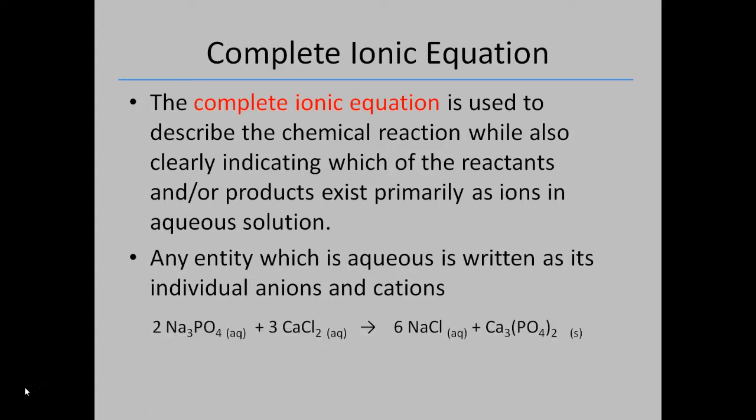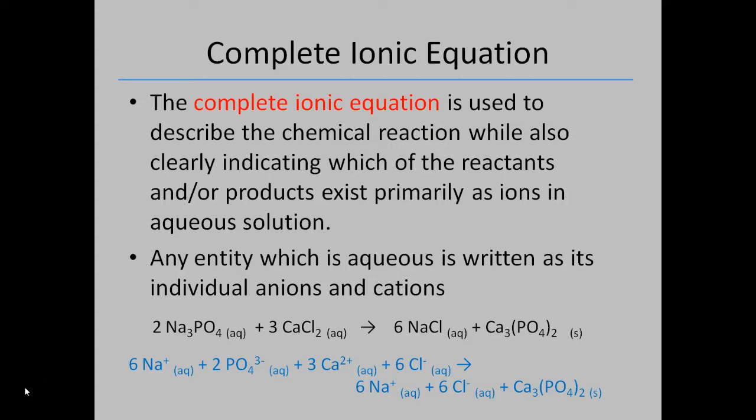So if we take our original reaction of sodium phosphate reacting with calcium chloride, we can see our sodium phosphate is separated into some sodium ions and some phosphate ions. The coefficients in front come about because I have two sodium phosphates that will dissociate.